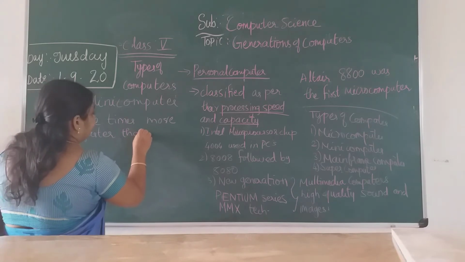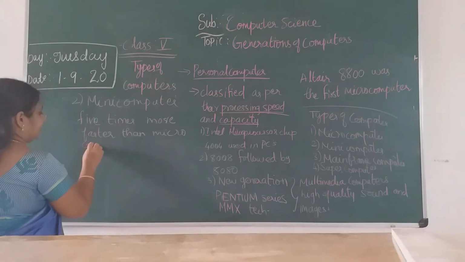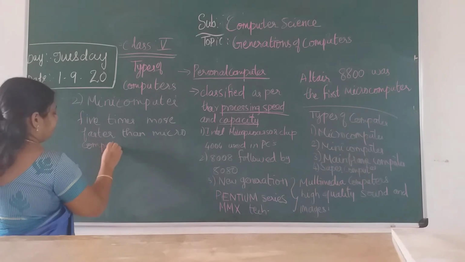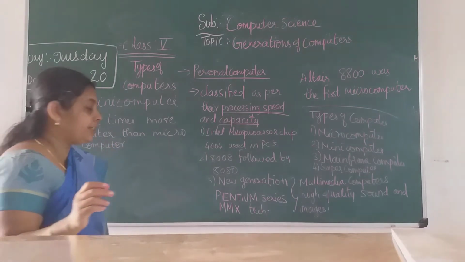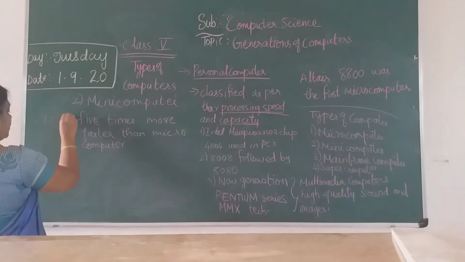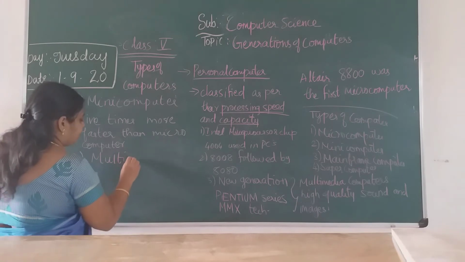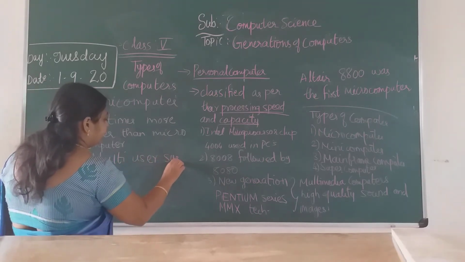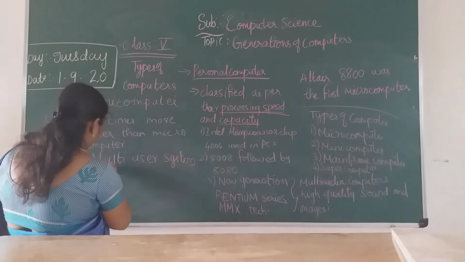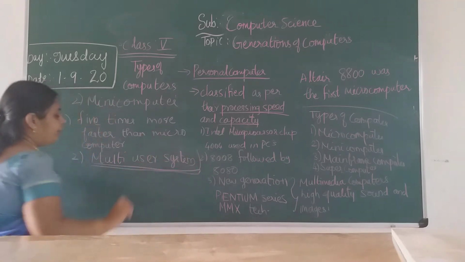So we can take from this that the size and the capacity also is being increased. Then the next one, it is a multi-user system. The previous one we saw as a single user system. Here in the mini computer you have the multi-user system.